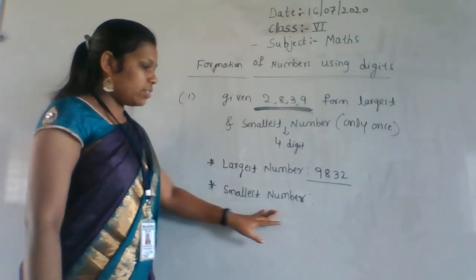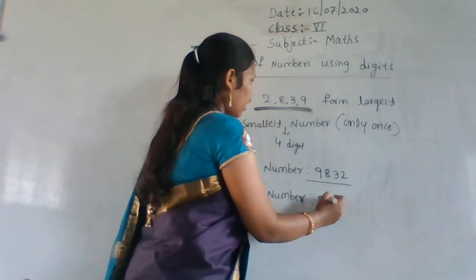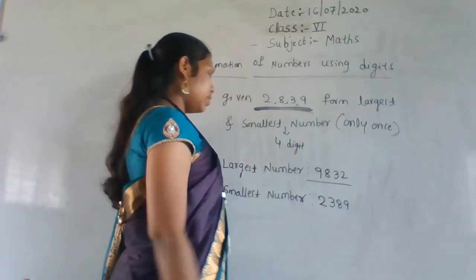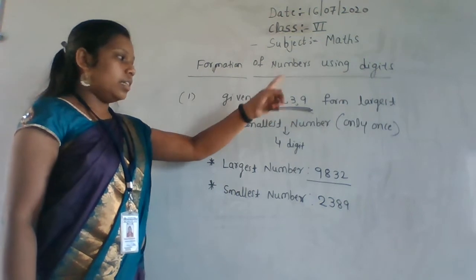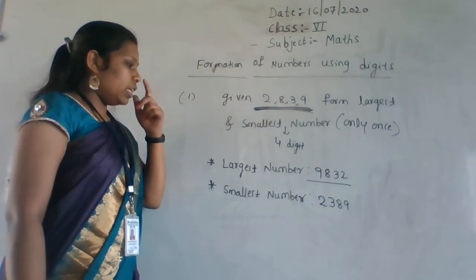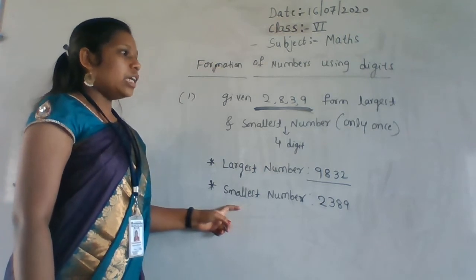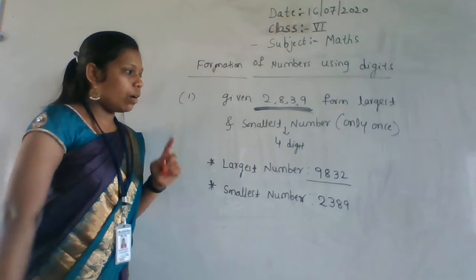Next one, smallest number. Which is the smaller number here? 2. And after that 3, 8, 9. So this is the smallest number using these 4 digits. So you know, right? Largest number as well as the smallest number. You have an idea about the descending as well as the ascending order.